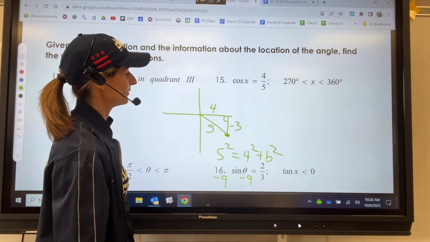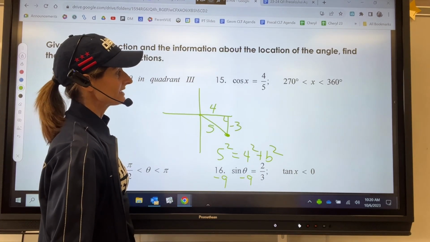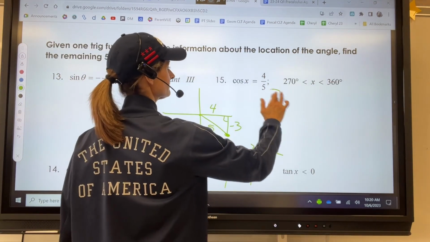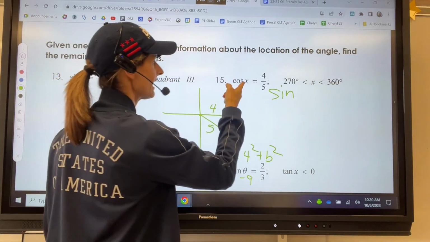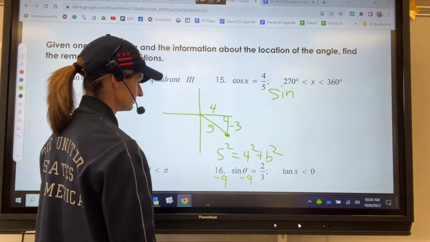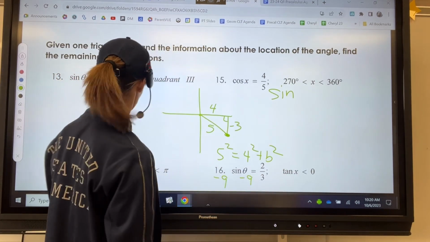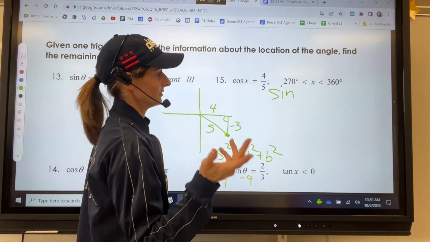Now that we've got all of our information, we can go ahead and write our trig functions. So we've got sine, and notice in this problem they used theta, here they're using x. It doesn't really matter what variable they use.